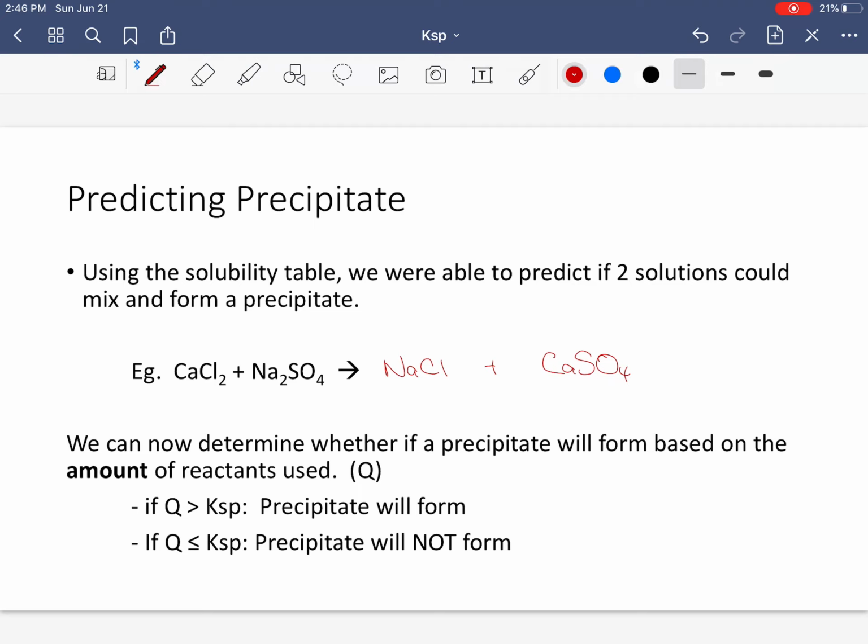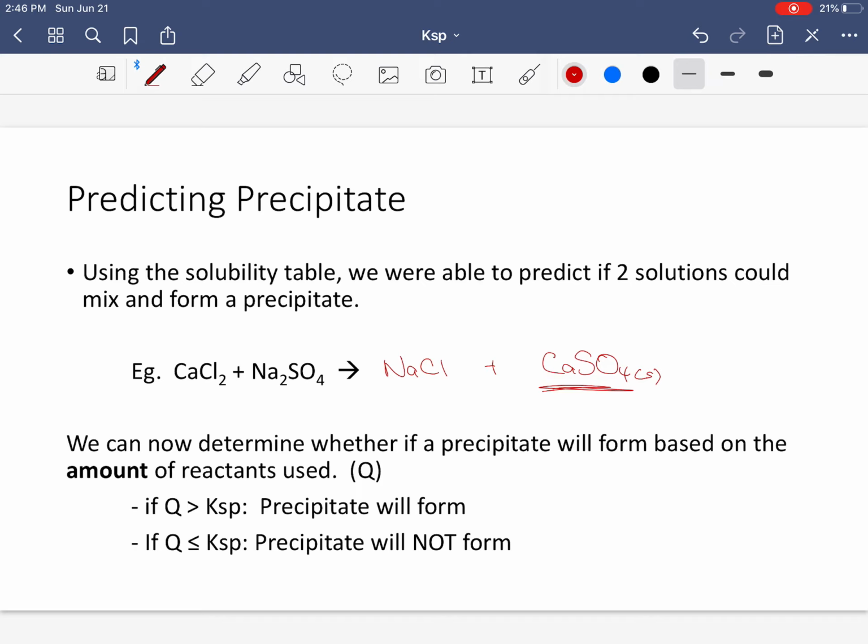Okay? And by looking at this, definitely am I going to get a reaction, because we know that CaSO4 is a precipitate. Now the question is this.